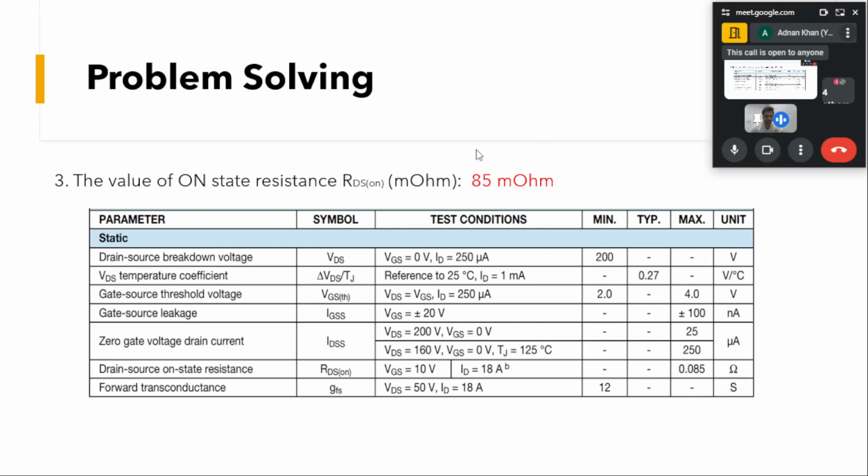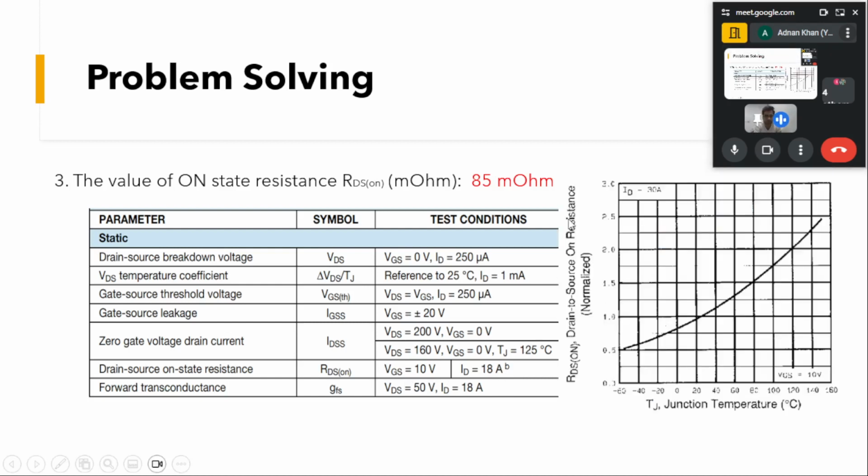So that is the answer to the question, but this 85 milliohm is for particular VGS and drain current. If these parameters vary, then this RDS on also varies.